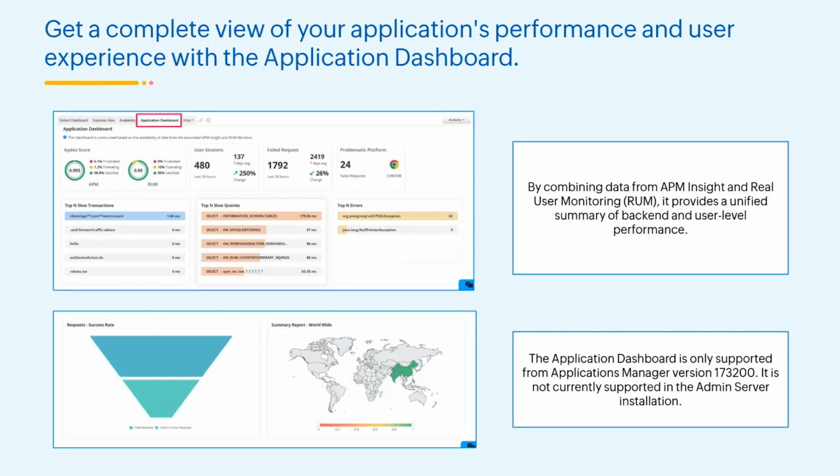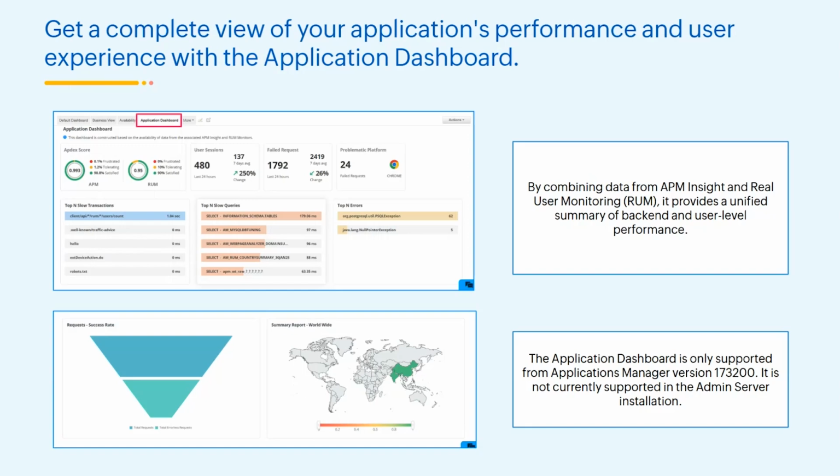Also, we have the application dashboard in Applications Manager that provides a comprehensive view of the application performance and the user experience by combining the data from APM Insight and real user monitoring. This integration allows for a unified summary of both backend and user level performance.